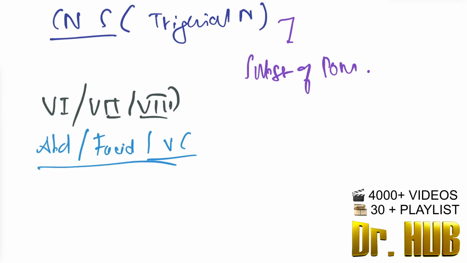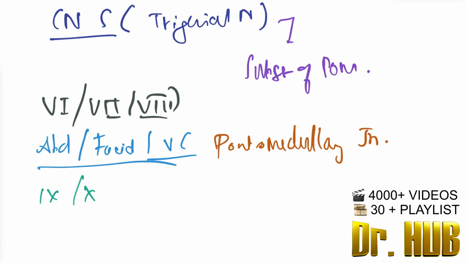So the 6, 7 and 8 are found at the pontomedullary junction.